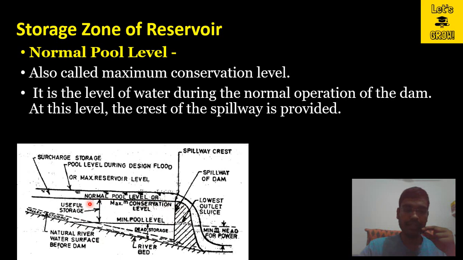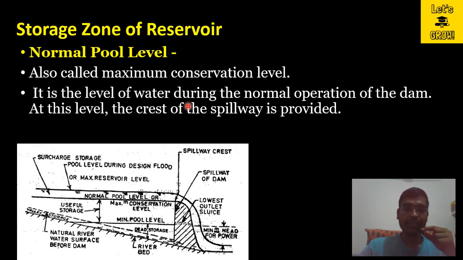Of course, if there is a flood, the water level can go beyond this level, but this will remain for a short term only. For the long term, and for the conservation of water, only this much water can be conserved in this dam. So it is also called the maximum conservation level or normal pool level.